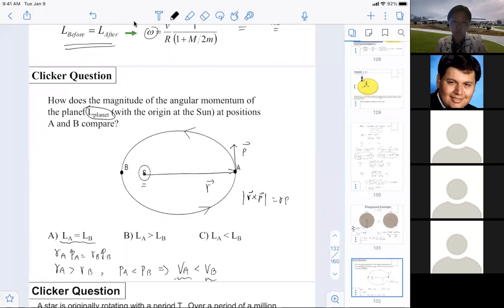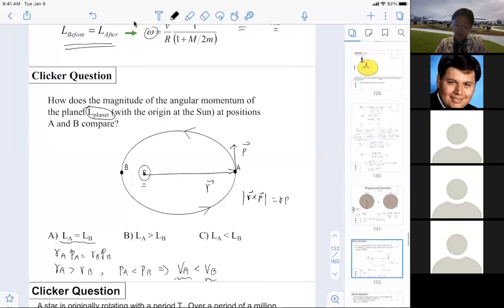Okay, and this is actually one of Kepler's laws, which we will see when we do universal gravitation. That is a topic that will come up after we do static equilibrium. Okay, so you can see this is an interesting application of conservation of angular momentum, and it can relate us to our future topics.